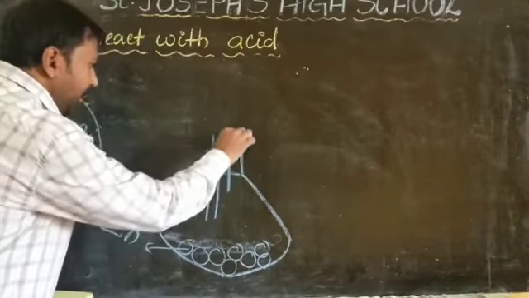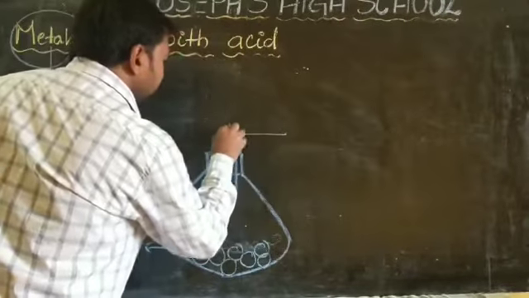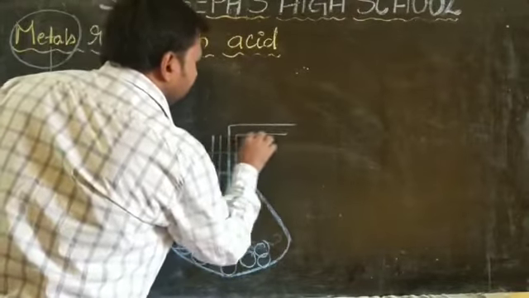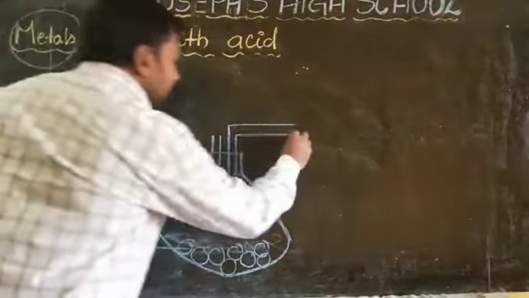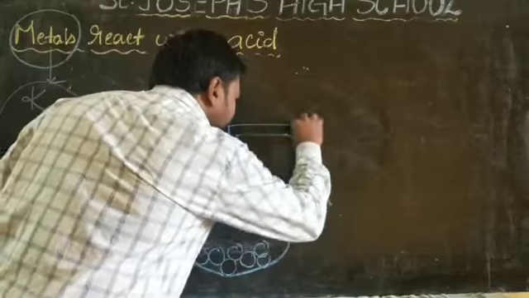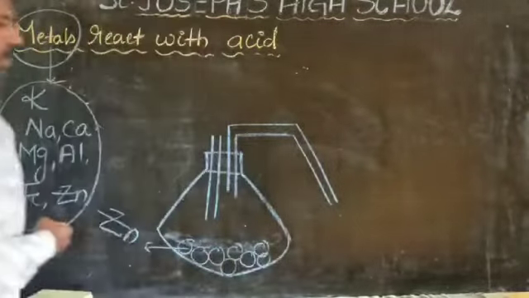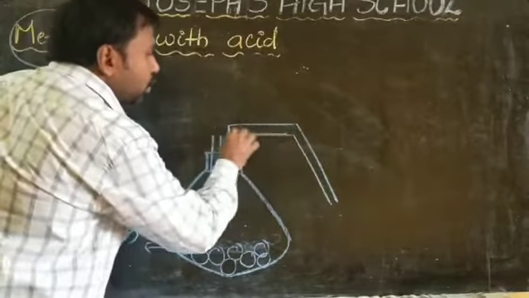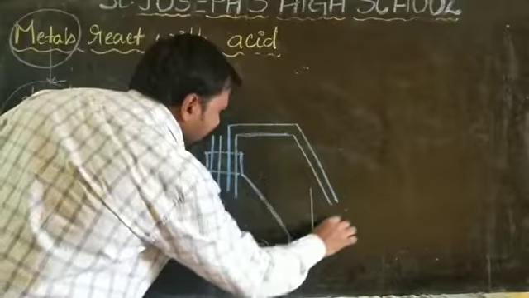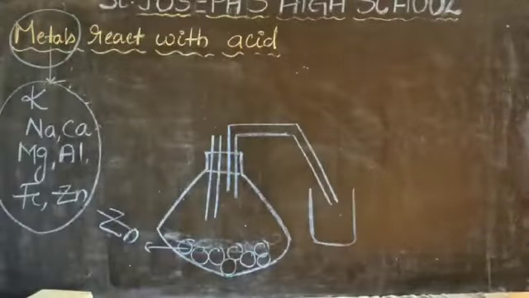Through one hole, place a delivery tube. Okay, like this the delivery tube will be. Whatever things are delivered will come through this tube and be collected in a beaker.